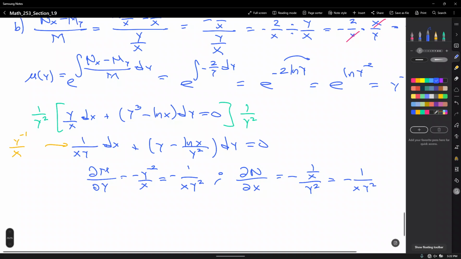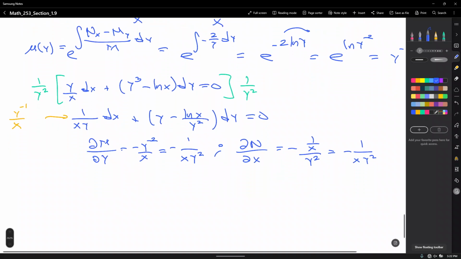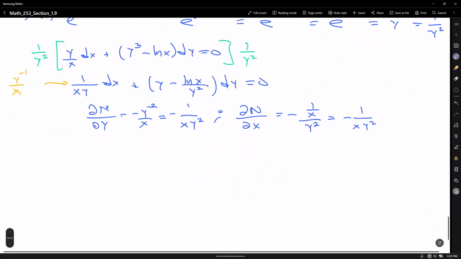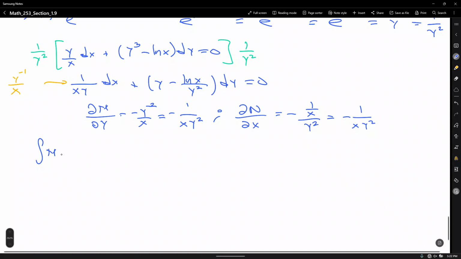And in this case, we can see these two partials are equal. That means we now have the total differential of some function of two variables, which will be the solution to the differential equation. Here is where we go ahead and solve the equation using partial integration. So the integral of m with respect to x equals the integral of 1 over xy dx.